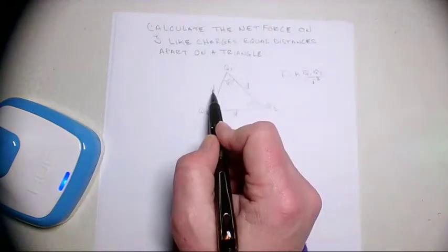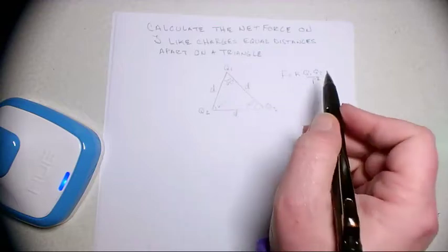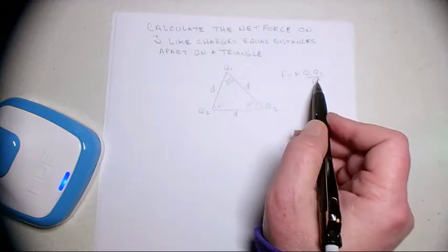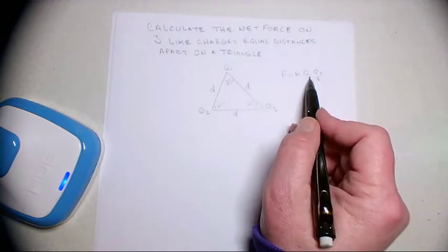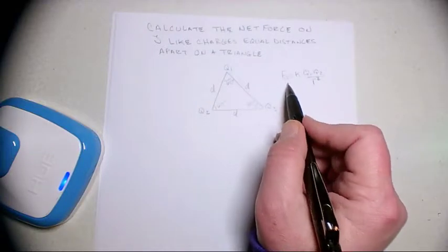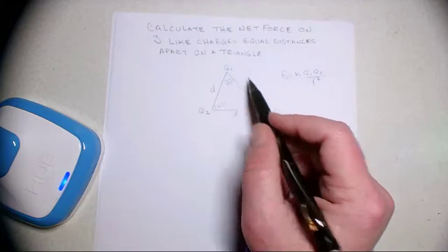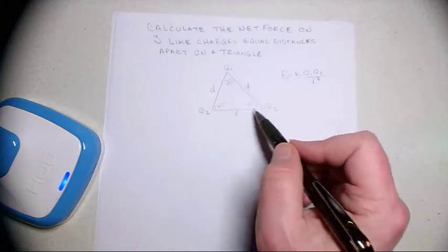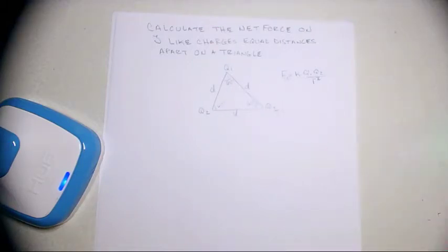So we have the distance for each one, so this will be d squared, and these two charges are the same, so we can just call this q, but we'll go ahead and label them 1, 2, and 1, 3. We'll get to 2 and 3 after we do 1 and 2, so you can kind of see the pattern first.